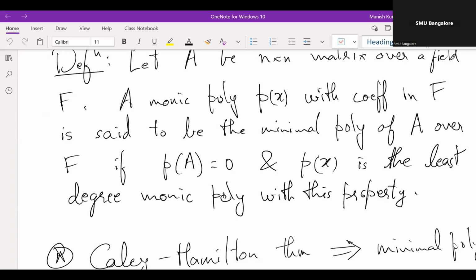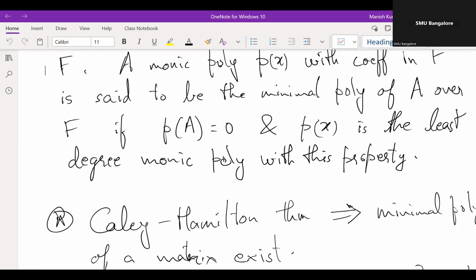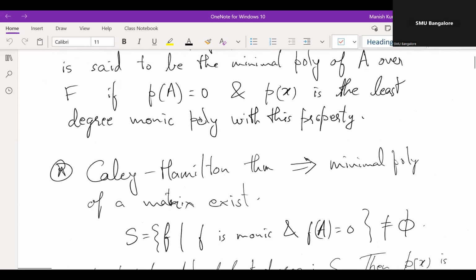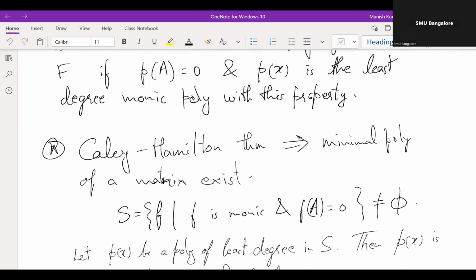So it's a monic polynomial of least degree such that p(A) is 0. That is called the minimal polynomial of A. Then the Cayley-Hamilton theorem told us that this exists, because by Cayley-Hamilton, this set S of all monic polynomials such that f(A) is 0 is non-empty.